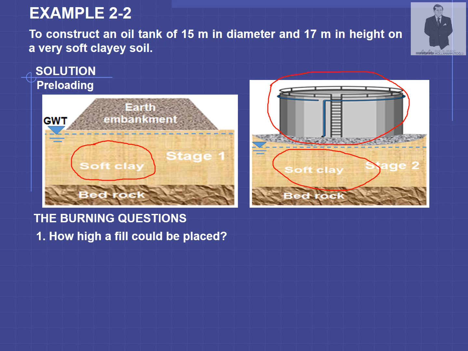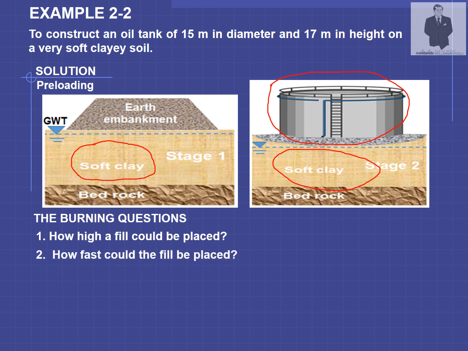When an embankment is built on it, excess pore pressure will develop, and the dissipation of excess pore pressure will take time. So immediately after loading, the undrained conditions will prevail. This is a very critical situation.